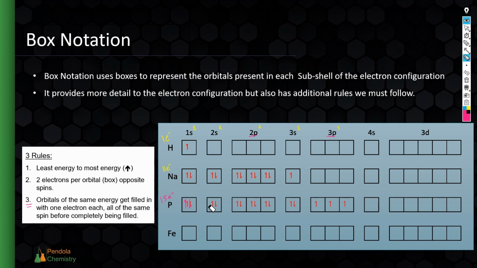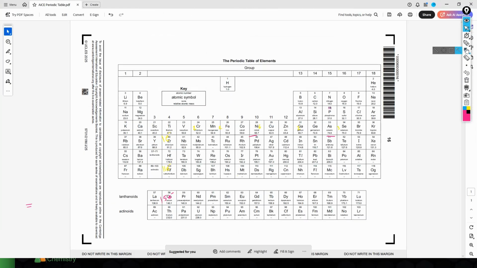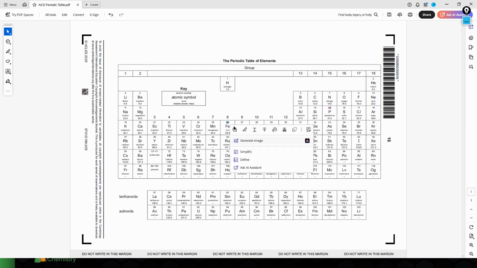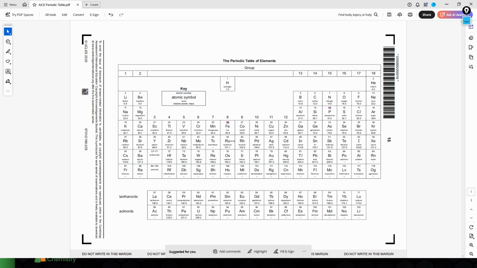Let me erase my arrows. And then it's going to be the same thing with iron. Iron has, let's bring up the periodic table. So iron has, according to the periodic table, we find Fe, which is here. Iron has 26 electrons.